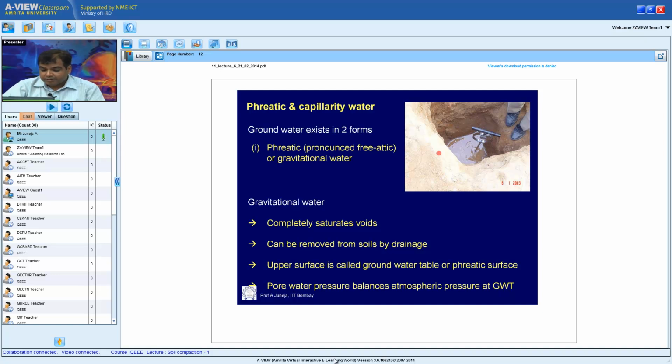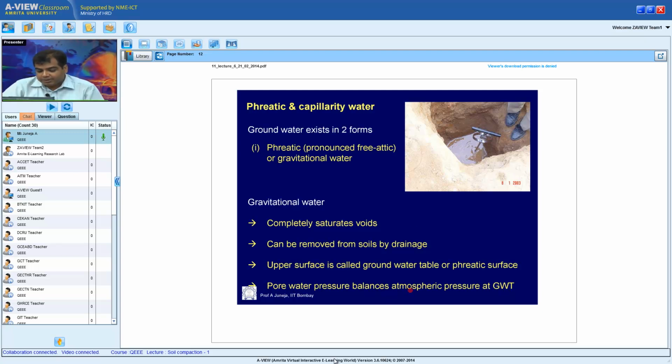This water can be removed from soils by drainage. So if I have a pit, I can remove this water, and depending on how quickly the water seeps out and backfills the pit again, I can drain the water either continuously or at regular intervals. The upper surface of this water table is called the phreatic surface, the groundwater table as we look from the top.